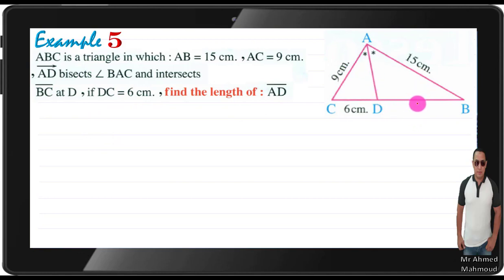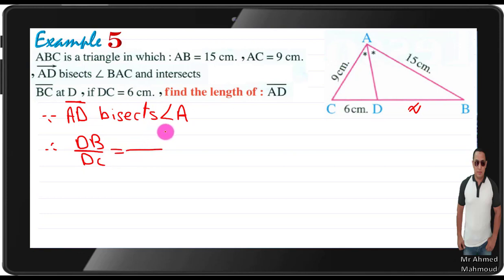So I'm going to call BD X. Since AD bisects angle A, therefore DB over DC equals AB over AC.